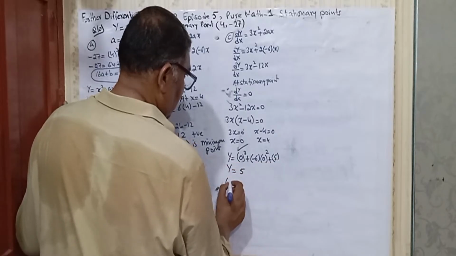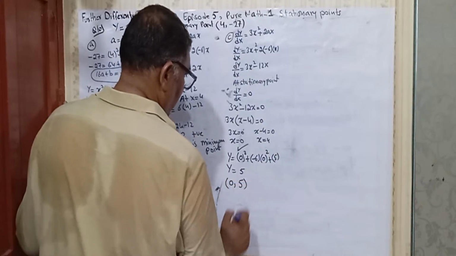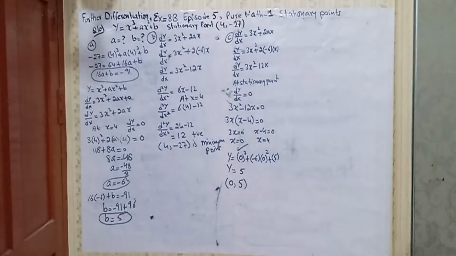So the other stationary point has coordinates (0, 5). The question in part c is to find the coordinates of the other stationary point on the curve and determine the nature of this stationary point. (0, 5) is the right answer, sir.